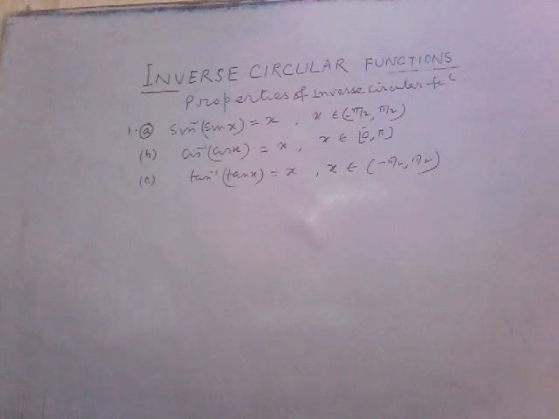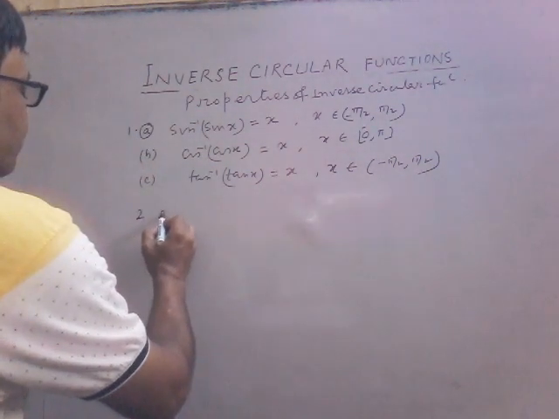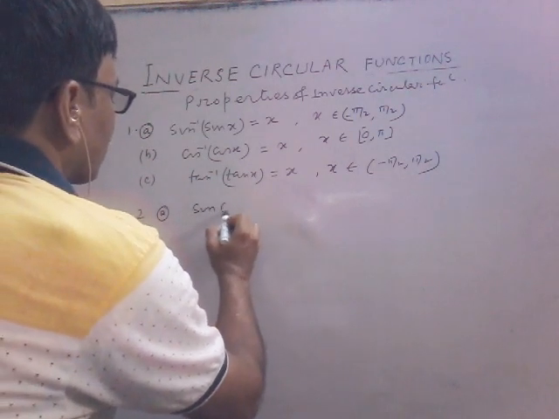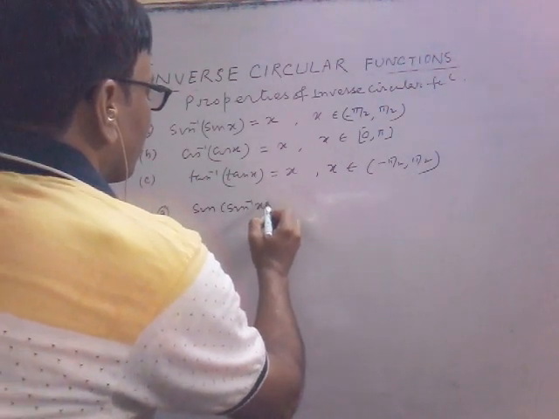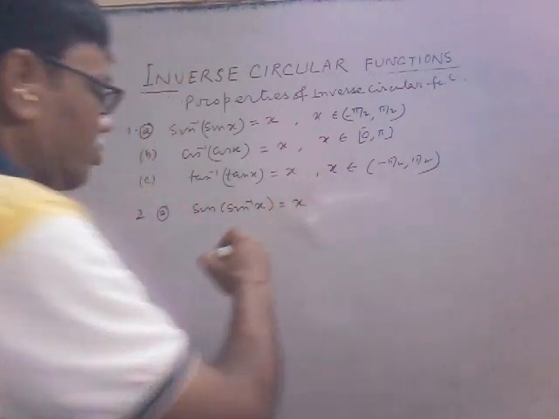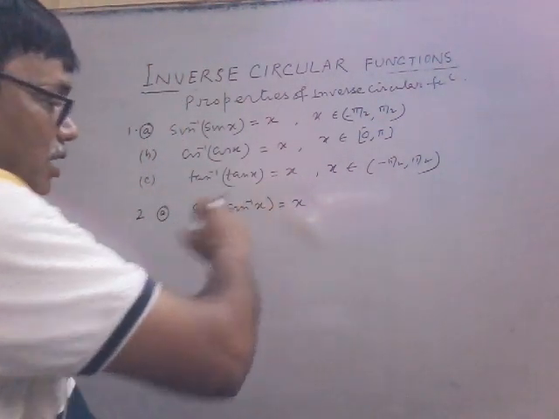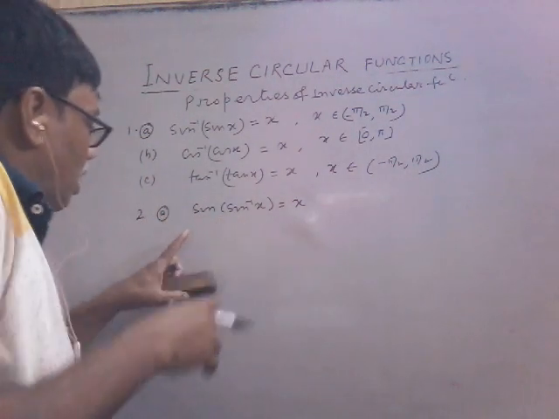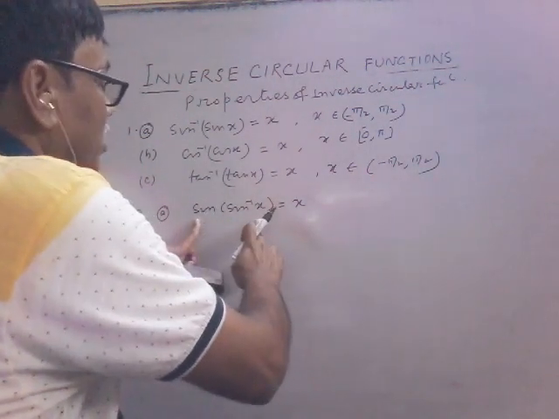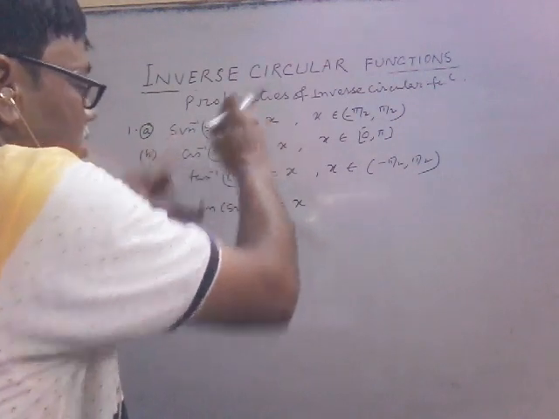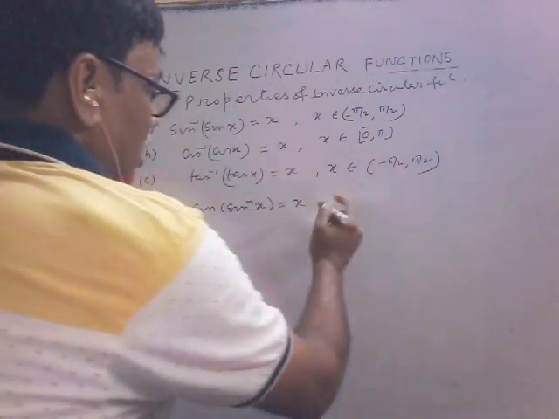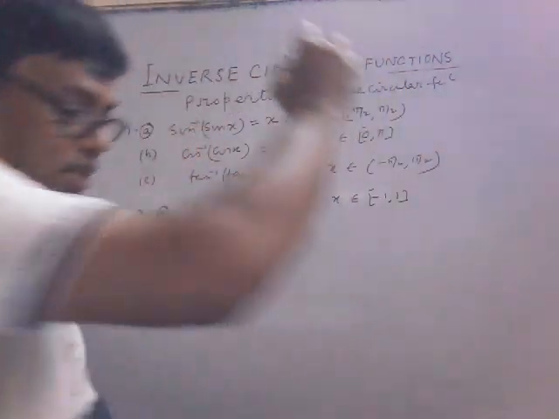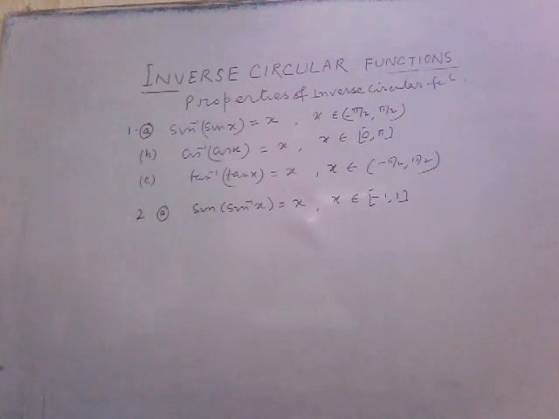Now property 2, sin of sin inverse x equals x. So look, sin of sin inverse x equals x. This is not an angle. The final result is a real number. Here sin inverse x is an angle, so this is a real number. x belongs to minus 1 to plus 1. This restriction you should remember.